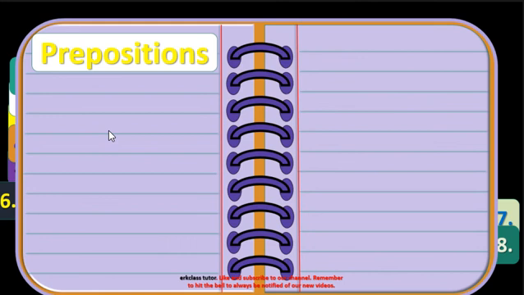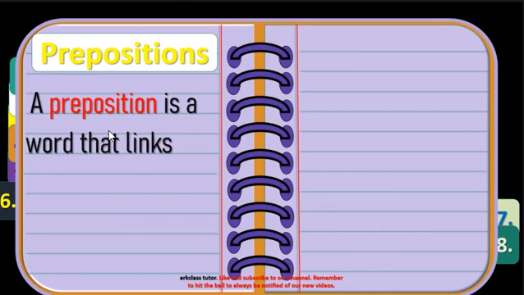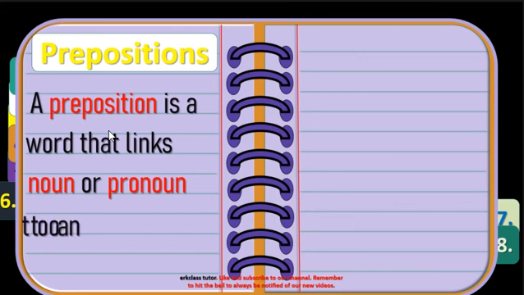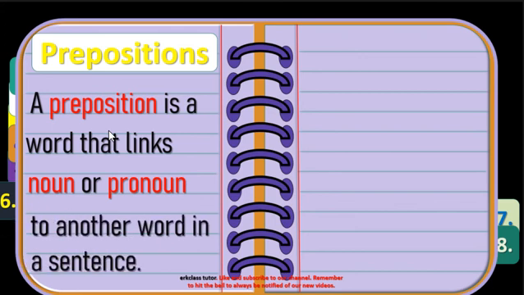We have so far learned several parts of speech. Our next part of speech are the prepositions. A preposition is a word that links a noun or a pronoun to another word in a sentence or to the part of the sentence.